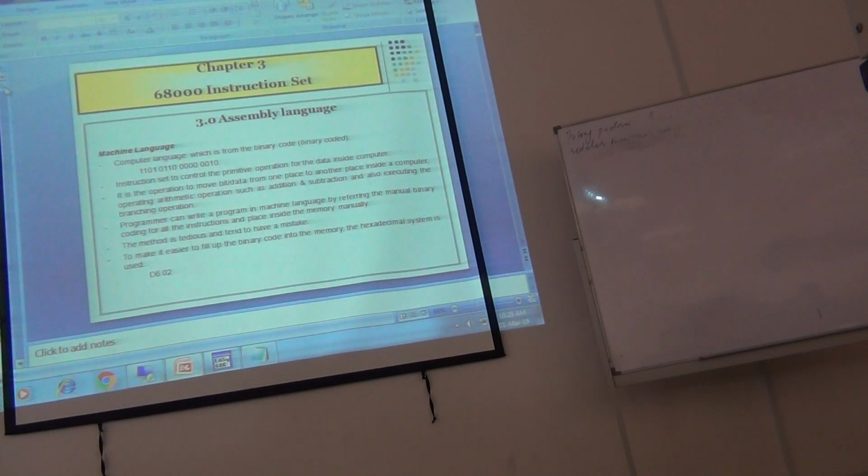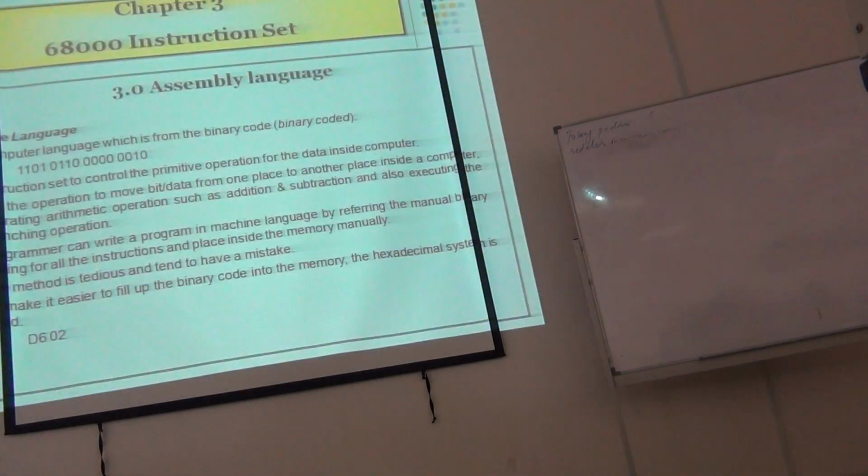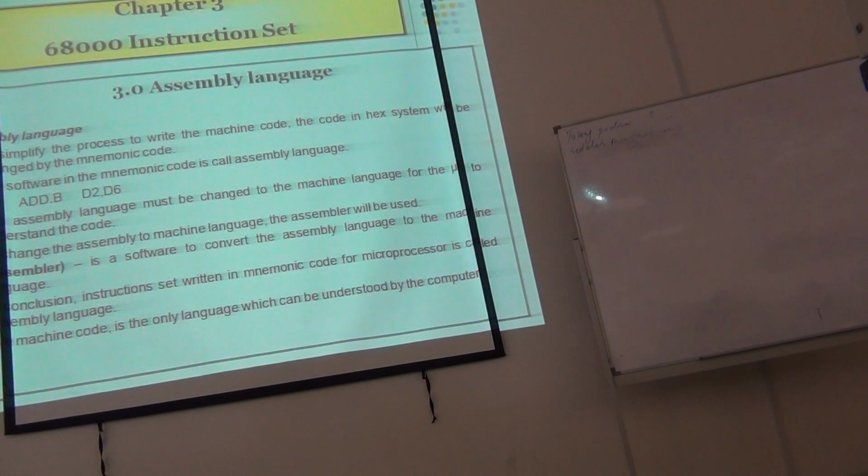Now you know about the machine language. Assembly is the one that we are using for this coding. Last time we were using the move byte instruction. We are going to use it today. That is the assembly language.